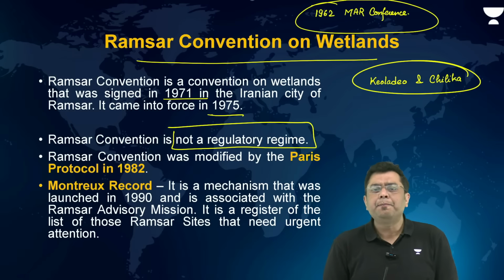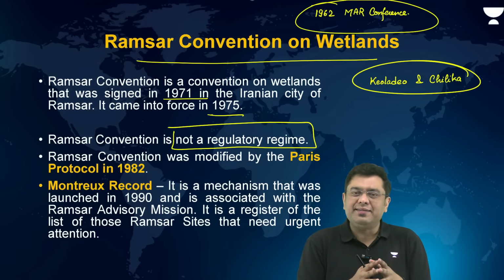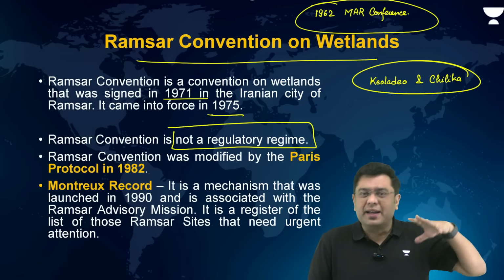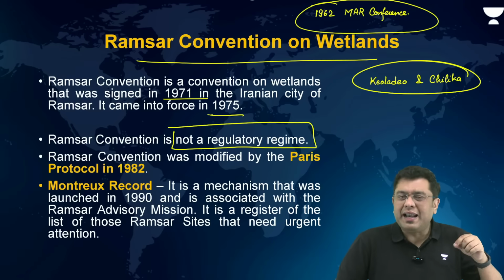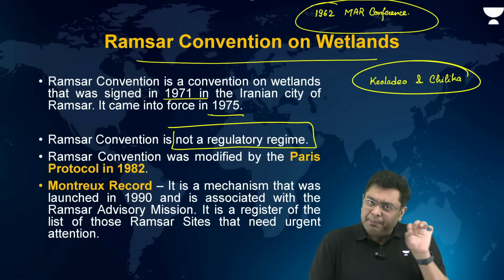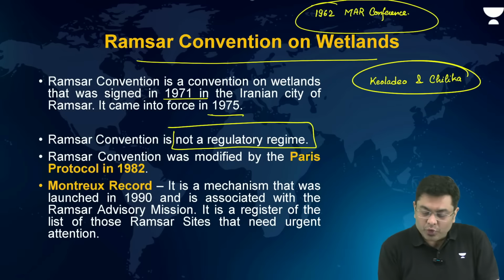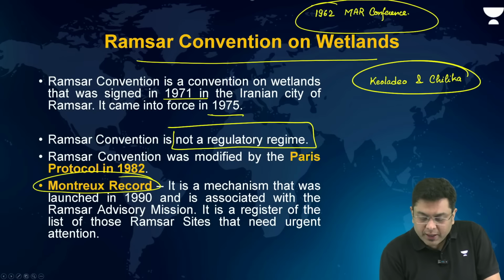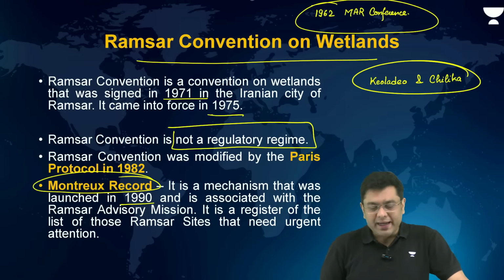Having said that, there are certain wetlands which require urgent attention, which require immediate conservation. Those wetlands are listed under a separate record, referred to as the Montreux record, which was launched in 1990.